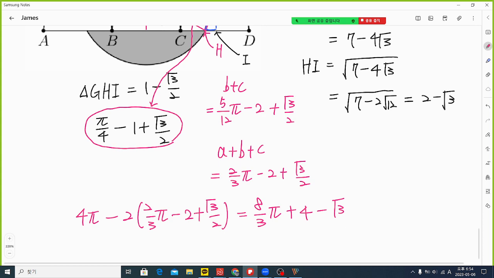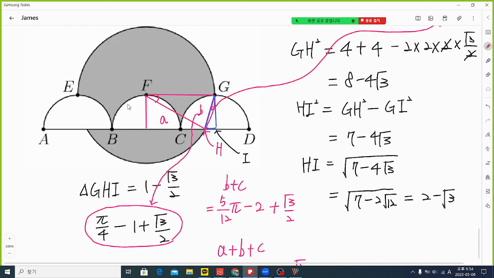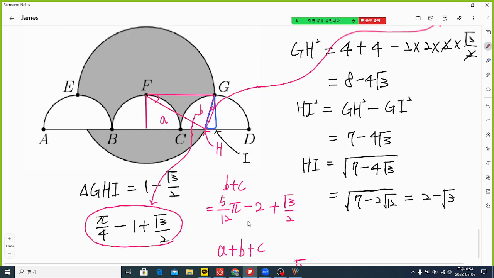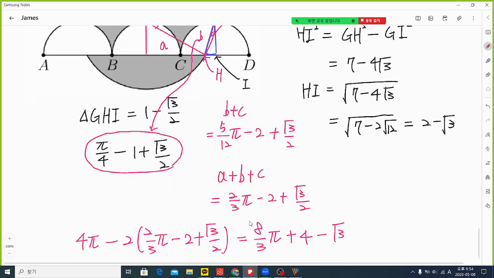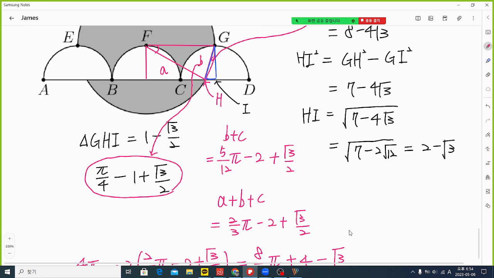Yep, so this is the area. So when we compare this to this value, yeah, A is 8, B is 3. And C is 3. And D is 4.